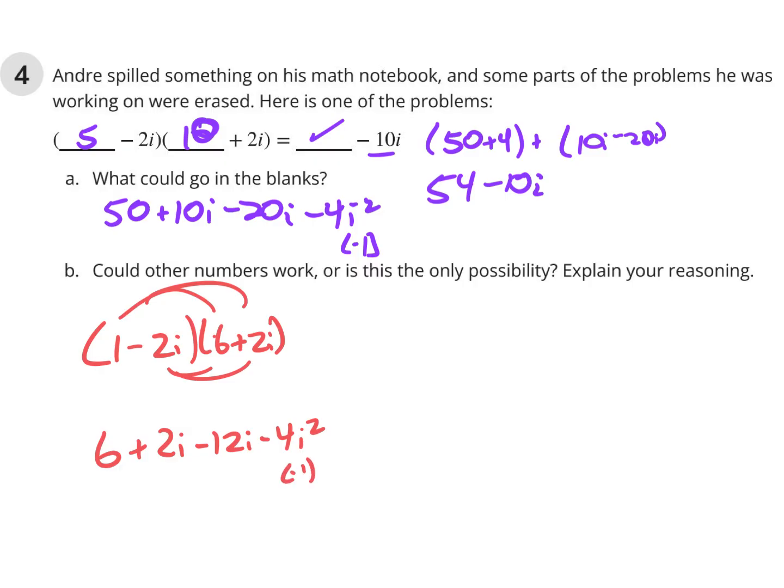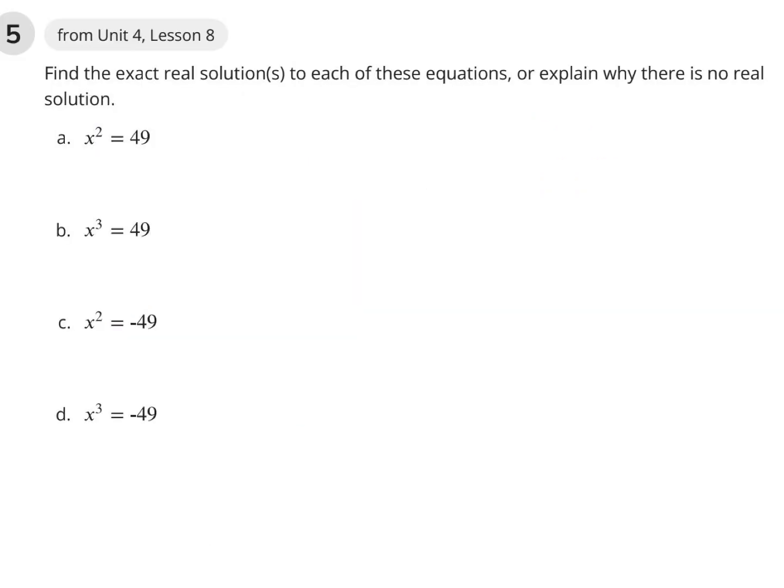So 6 plus 4 equals 10. And then 2i minus 12i is minus 10i. So there you go. You get another 10i. So that could work. Sometimes you just got to try different numbers and see what works.